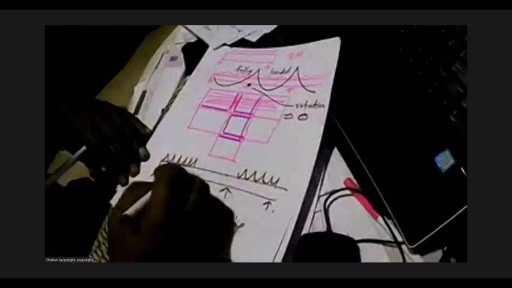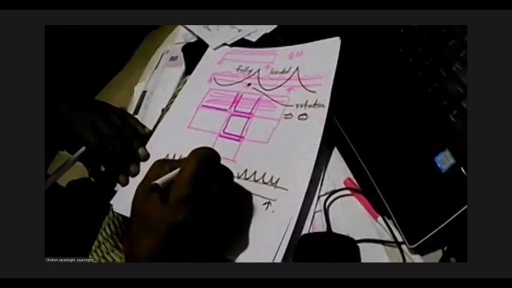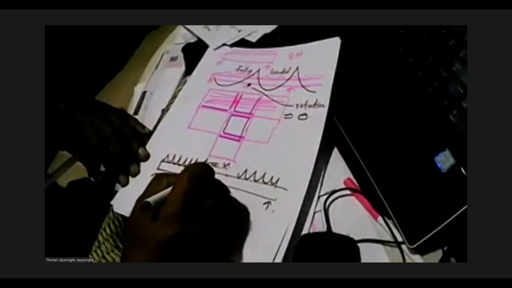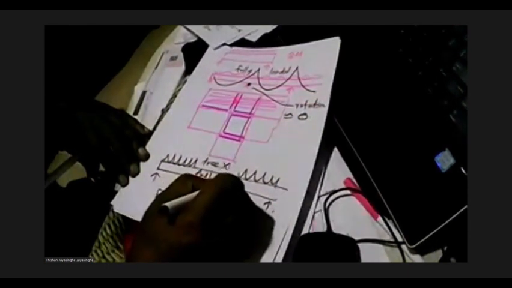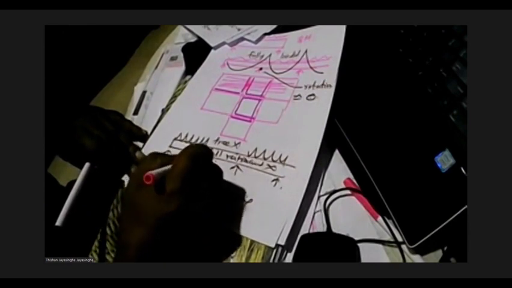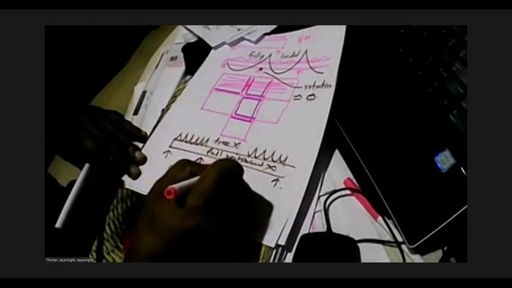But here, it is not free rotation, but it is not full restrained rotation either. That is also not true. So here we consider that it will have about 50% rotation. So this is the special condition.